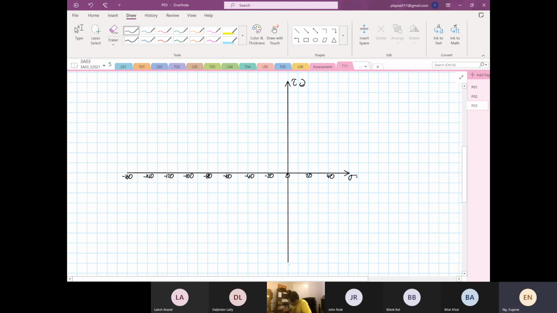Element rotate clockwise, element rotate anti-clockwise. So 20, 40, 60, 80, 20, 40, 60, 80.